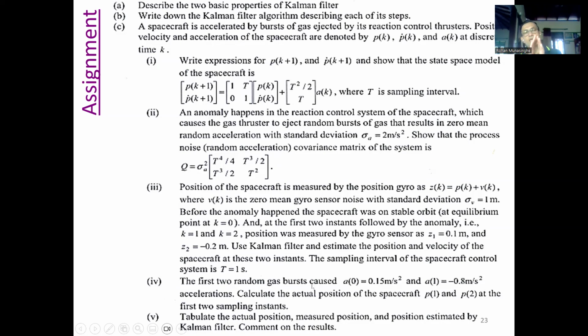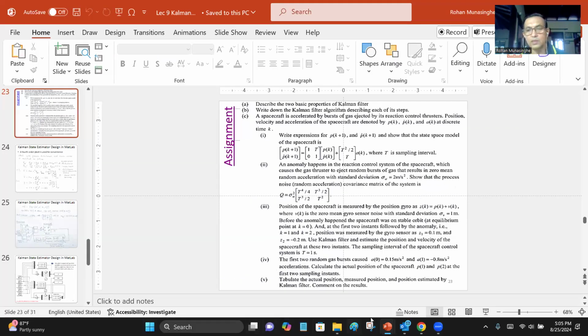So now you have true dynamics, true accelerations. You can measure position and velocity, you have the sensor readings, and you have the Kalman filter estimates. You can compare these things.